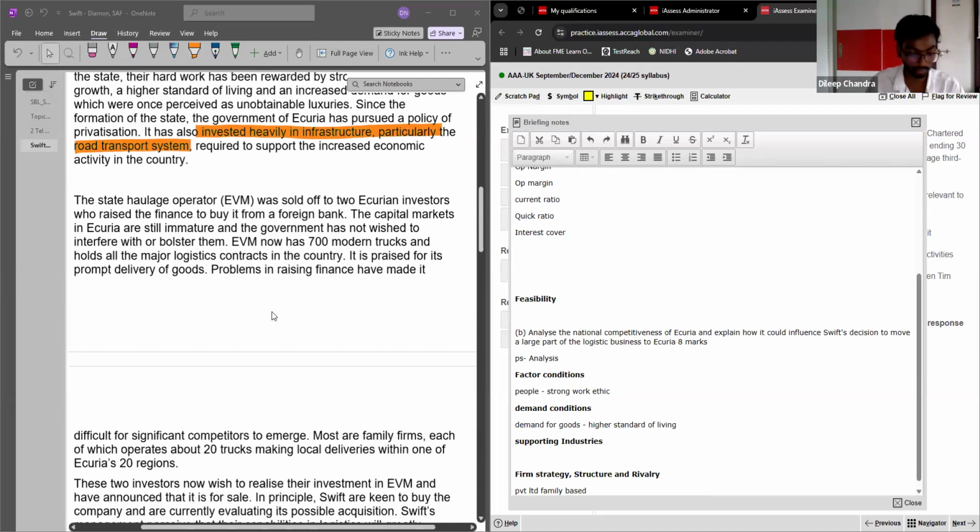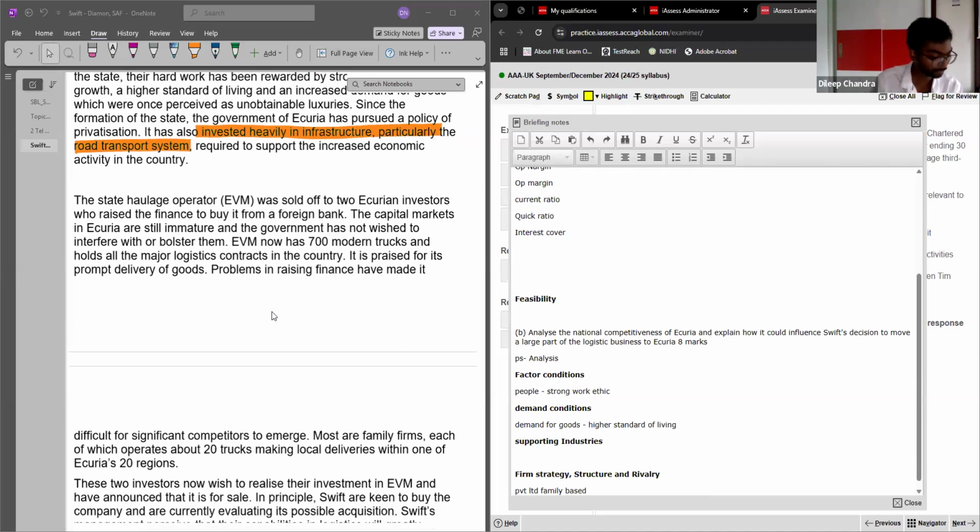Then what else is there here? It has also invested heavily in infrastructure, particularly the road transportation required.